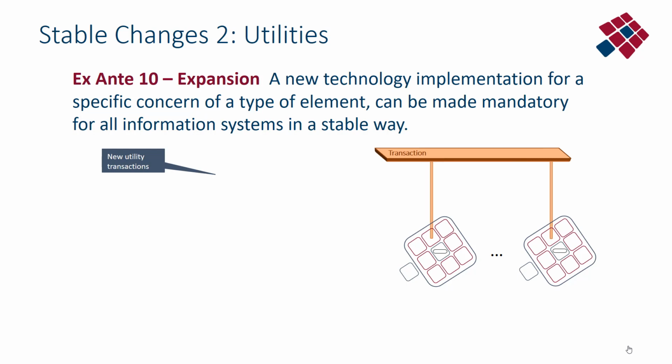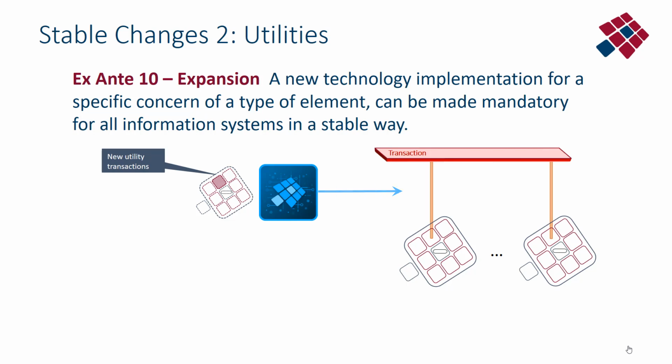Once again, you would just define the new utility transaction. You would adapt, modify, make new versions of the corresponding classes interconnecting to that framework or cross-cutting concern solution, and by regenerating all applications, all elements, all recurrent structures, you would automatically get all applications updating and interconnecting to the new cross-cutting concern solution.